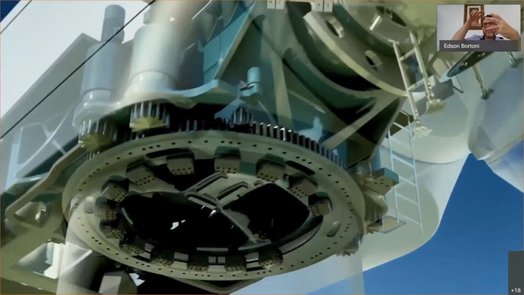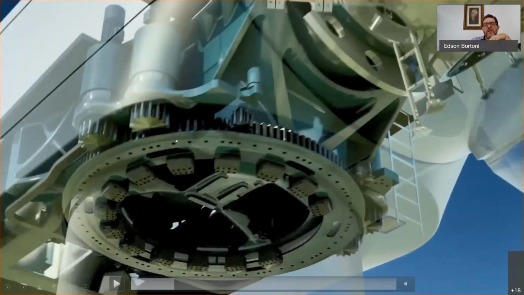We call nacelle this place where the generator is. So you can move it to look for the strongest wind. You have sensors that show you how you have to move the entire nacelle to look for the maximum wind. So these motors do this work of moving the nacelle.